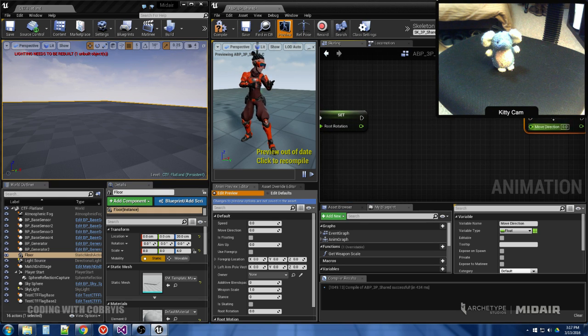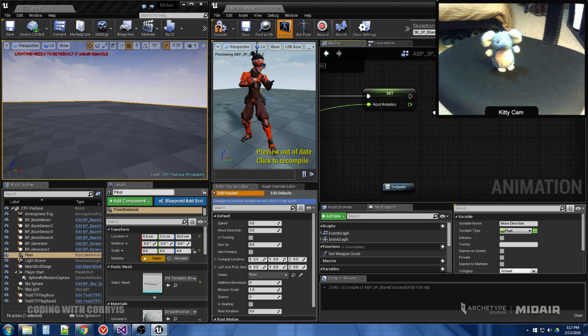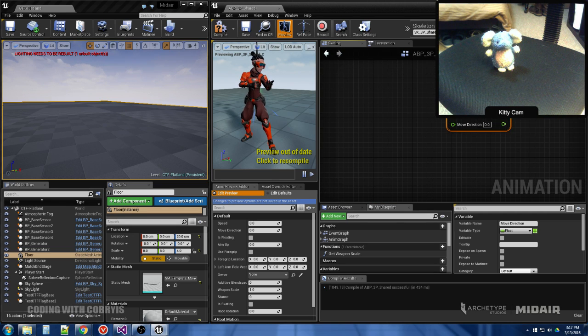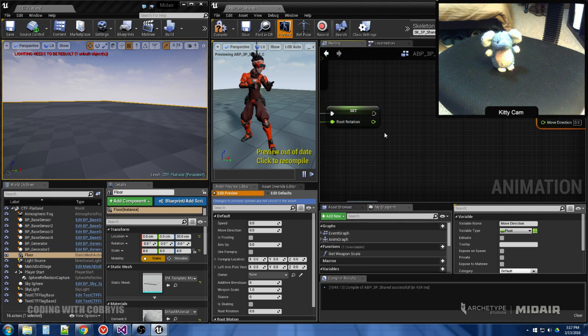So we're going to select a move direction based on, or we're going to clamp. How do I do this? Once we hit a certain angle, we're going to clamp the move direction along one of the blend space animations, like at 90 degrees, at 180 degrees, etc.